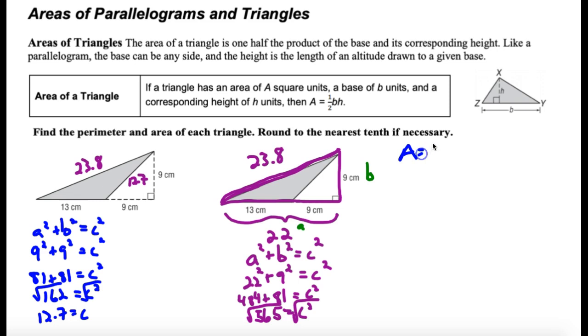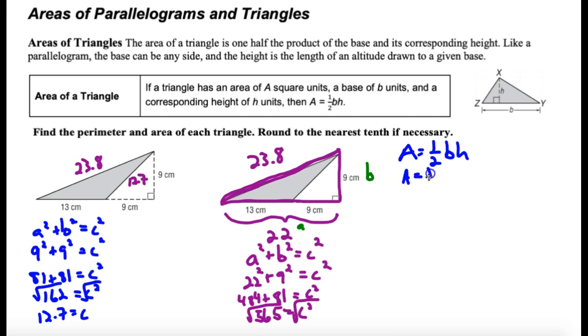So if area is 1/2 times the base times the height, which two pieces of information here are the base and the height. Well, the base and the height always meet at a right angle. So the base, we would actually say, is just this 13, and the height is 9. Even though the base doesn't extend out that far, we just want to see if we did extend it out, where it would meet the height at a right angle.